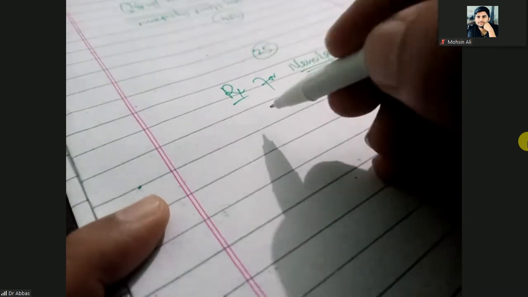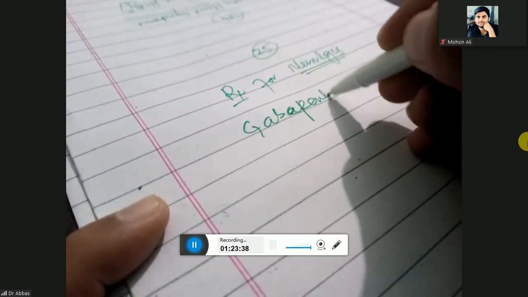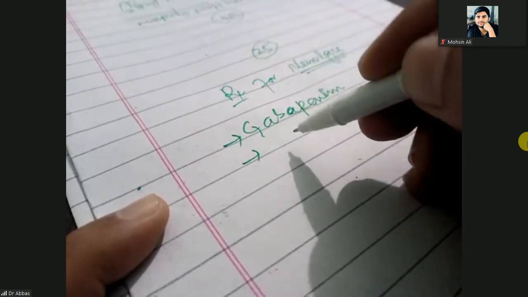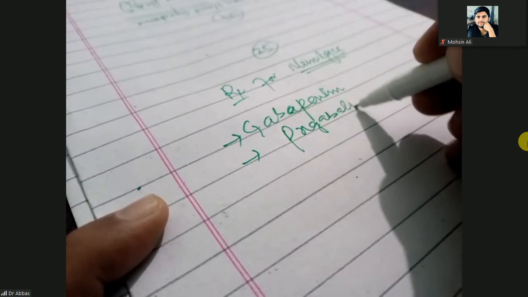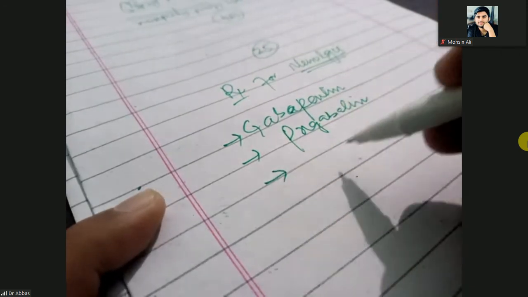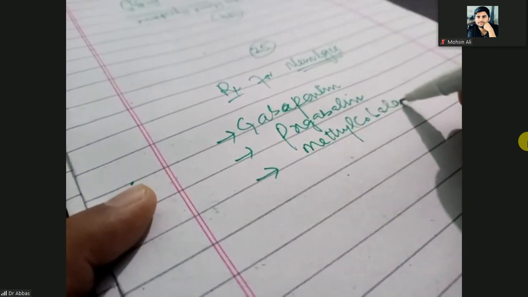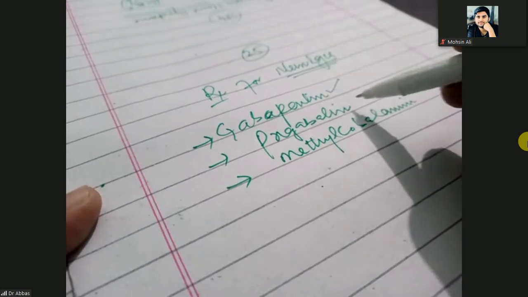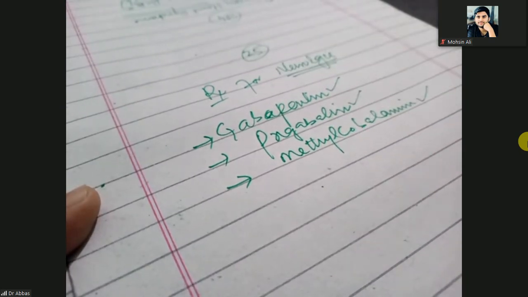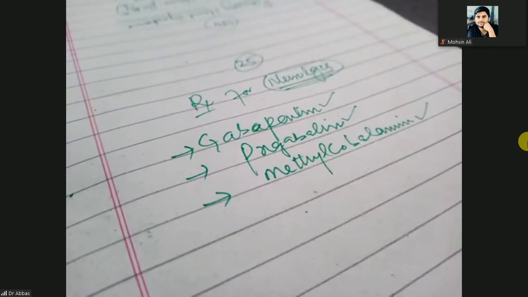Previously I told you that you can give gabapentin, pregabalin, and methylcobalamin. These are given for the different kinds of neuralgia: pre-herpetic, herpetic, and post-herpetic neuralgia.